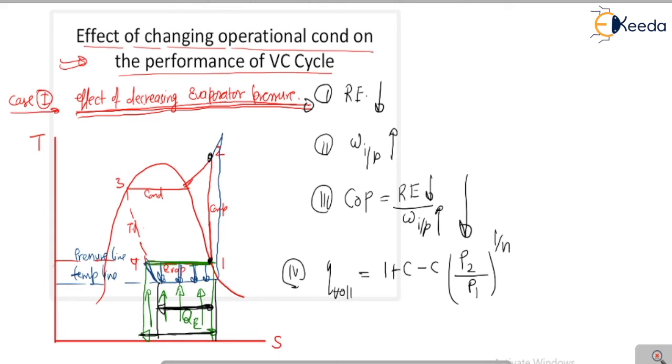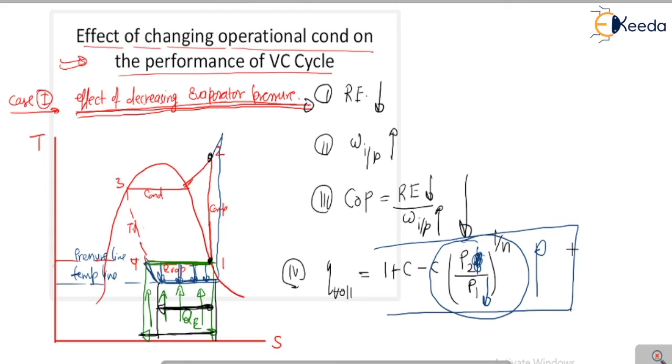Is it clear? When the evaporator pressure P1 decreases, this total value increases, and by this effect and this negative sign, the volumetric efficiency decreases. So volumetric efficiency decreases, COP decreases, work input increases, and refrigeration effect decreases.